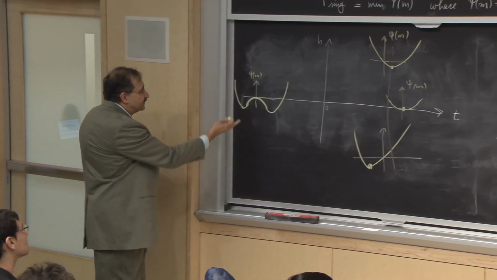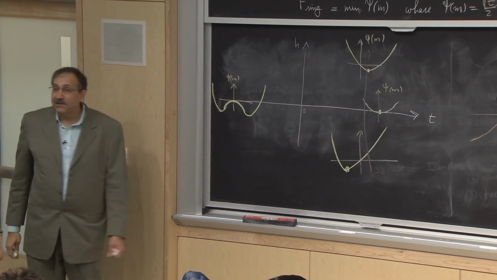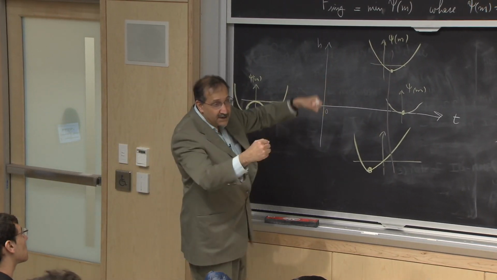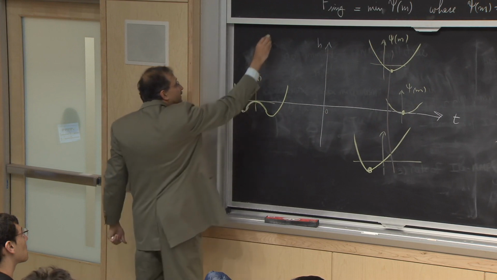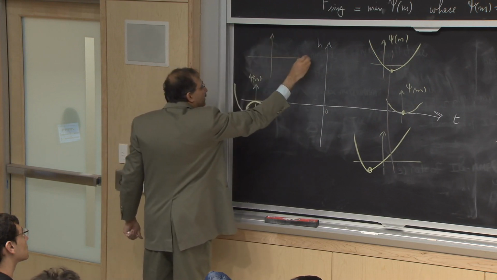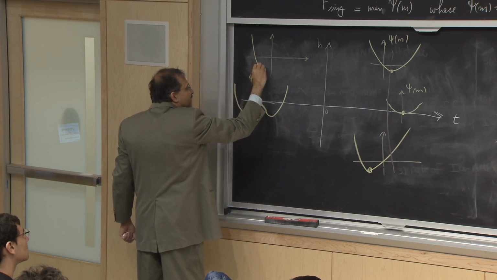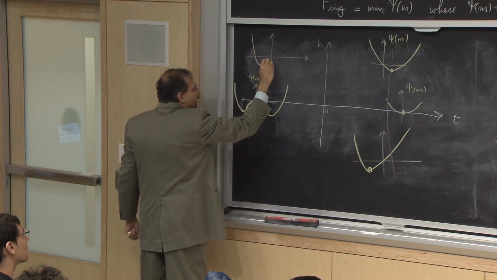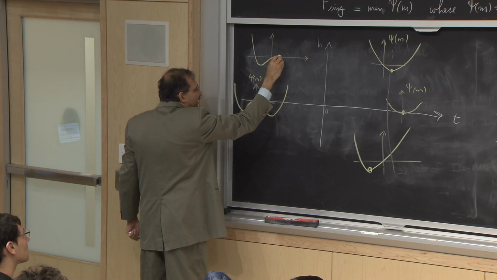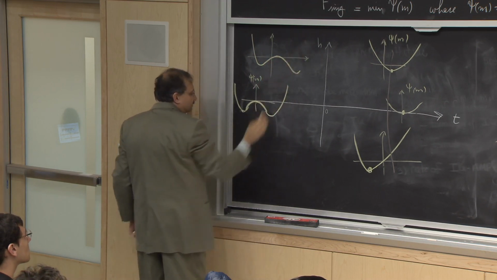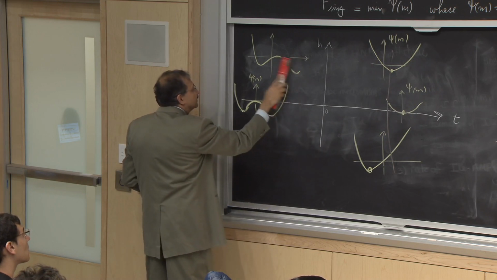Now what happens if we take this curve and go to h positive? Well, now again, like we did over here, I start to shift it in one direction. And in particular, what I find is that the minimum to the left goes up, and the minimum to the right goes down.